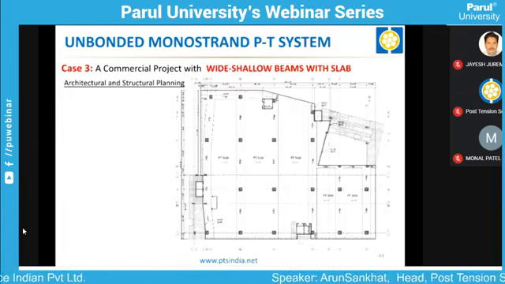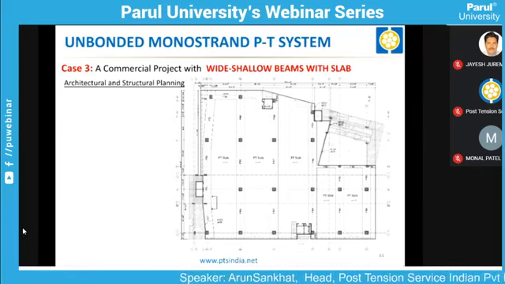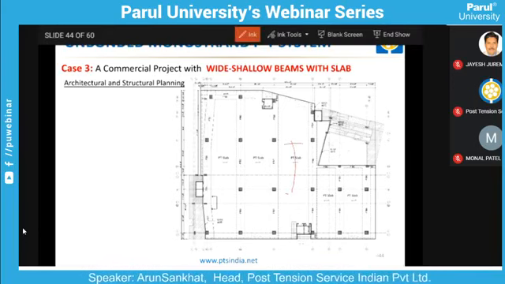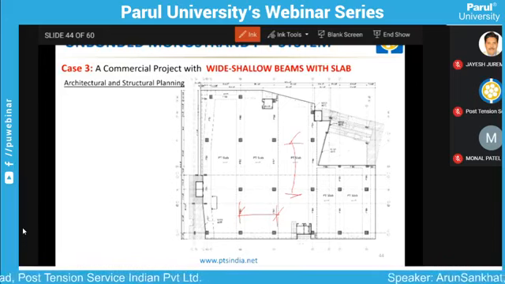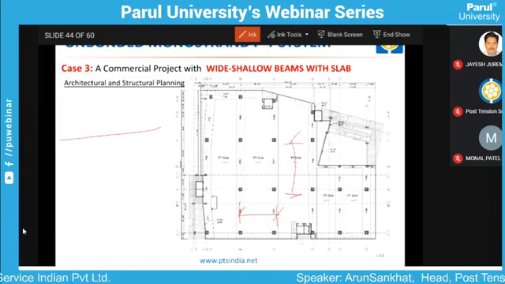There is another set of geometry that is known as wide shallow beams with slab. Here you can see that the spans or column locations are such that this is the maximum spanning and this is the minimum spanning, right? In maximum spanning, we have gone with the wide shallow beams, wherein the beam depth is less than the width of the beam, like this.